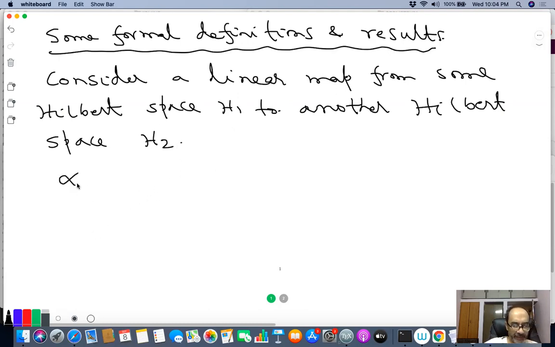So we take, say, vectors alpha, beta in H1. Okay, so they will map to some A in H2, and then beta will map to some vector B in H2.